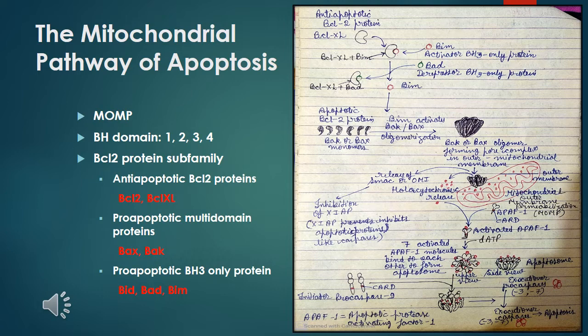Before moving further, let me clear one thing to the students who are viewing this slide, that cytochrome C contains two parts. One is the protein part or peptide part, and the other part is heme, which contains an iron moiety in between the heme structure.